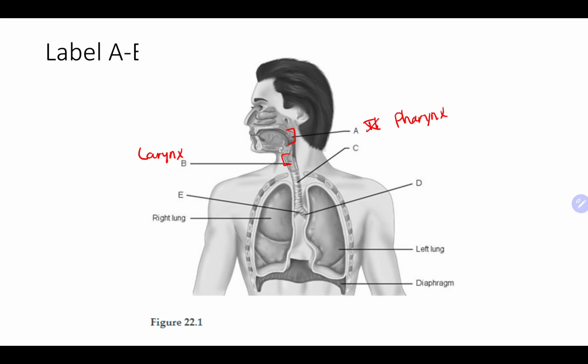Of course, C is going to be our windpipe, our trachea. And we have D. So D is going to be those main primary bronchi.